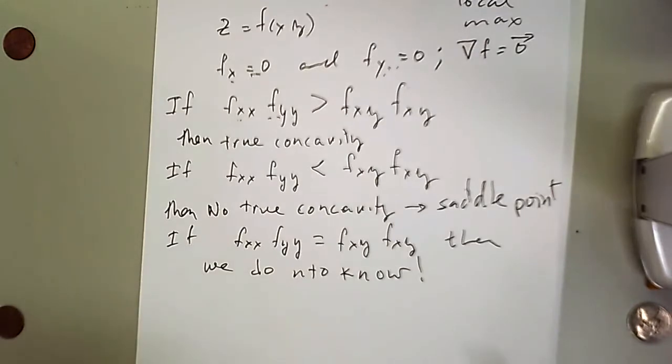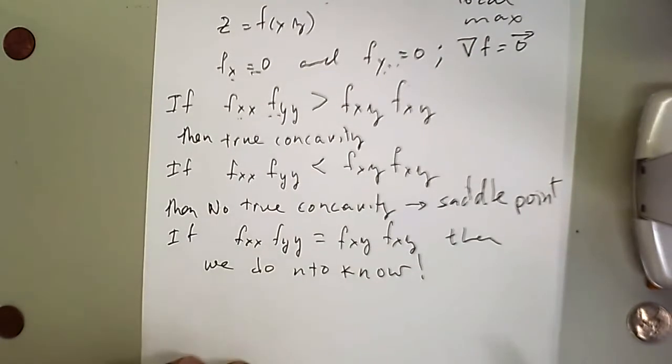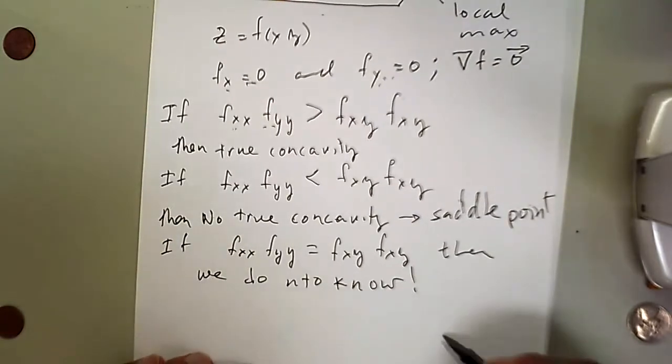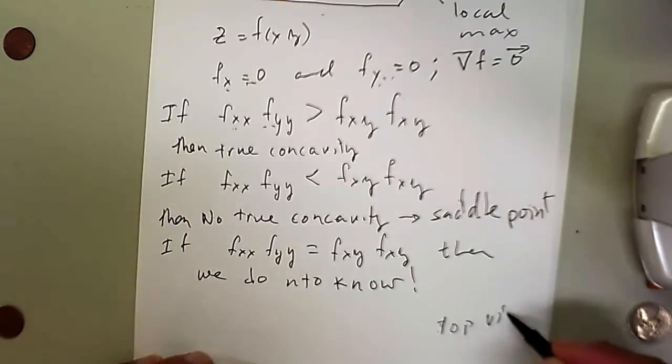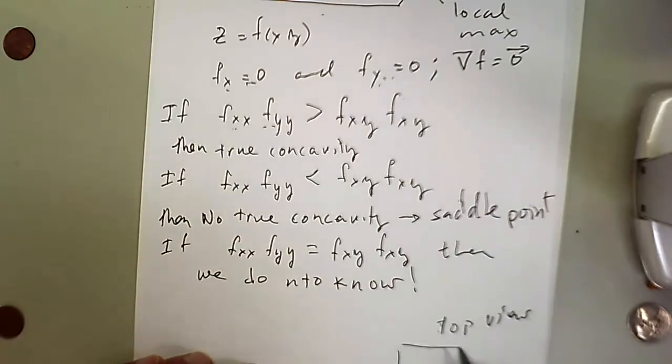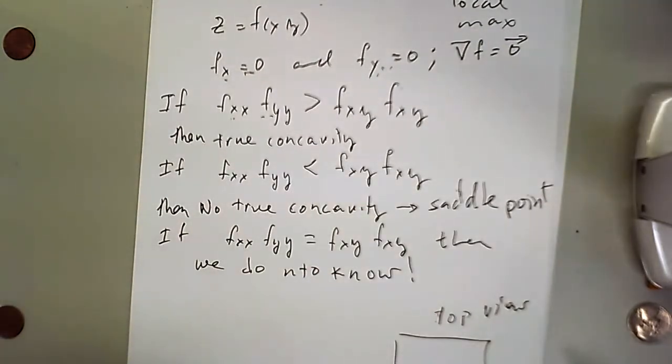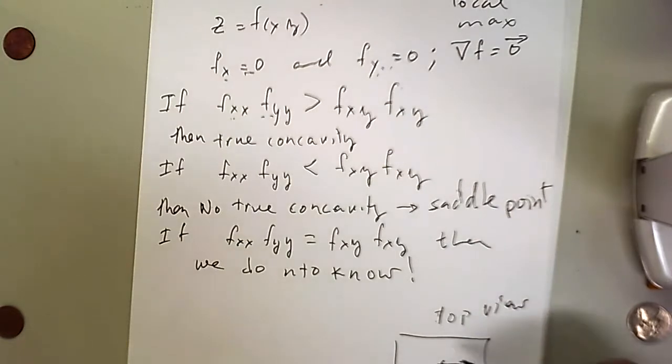Now, sometimes students forget to go to the basics. So this is a top view. If you have a point where you could have a maximum or a minimum, and you don't want to do the second derivative test, you can simply go on one path, and we're going to show how to go on paths, or a different path.